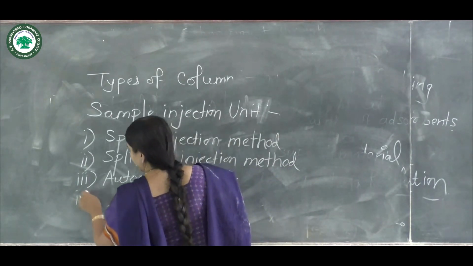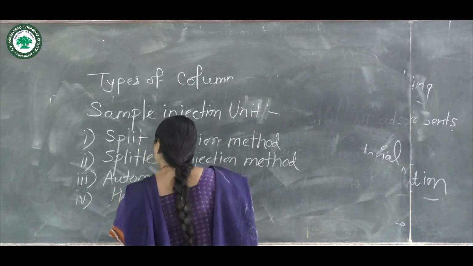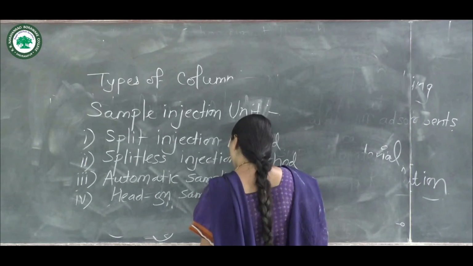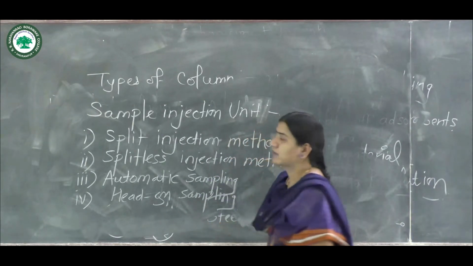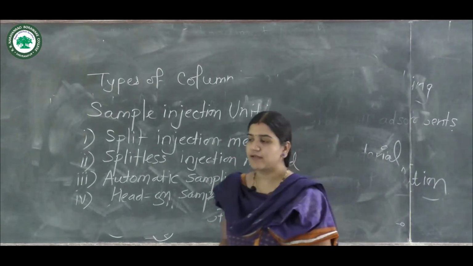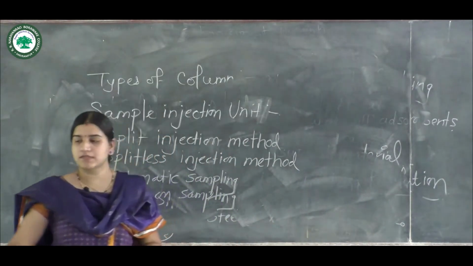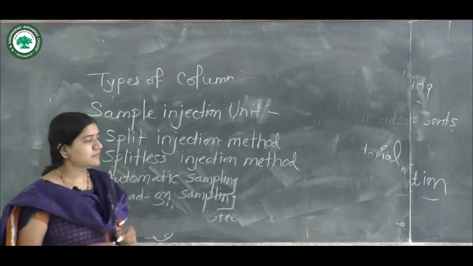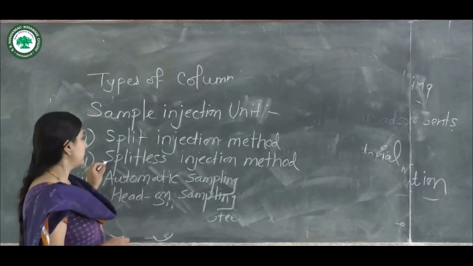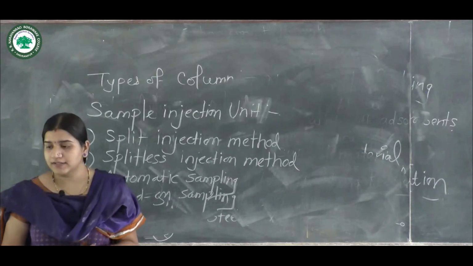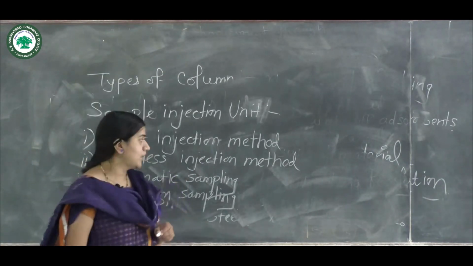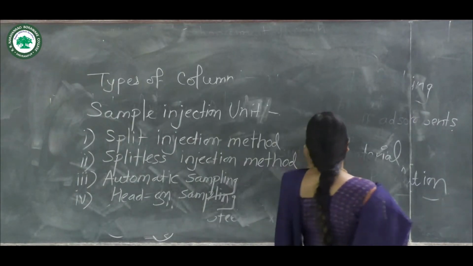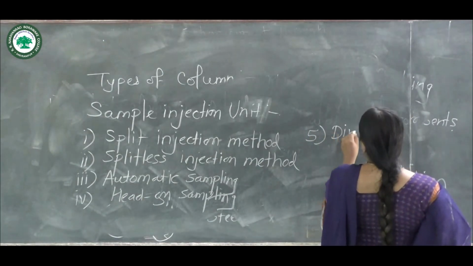The fourth one is head-on sampling. So these are the different types of sample injection systems that we are using in GC: split injection method, splitless injection method, automatic sampling. Then one more is the direct sampling method. This is also the fifth type of sampling.